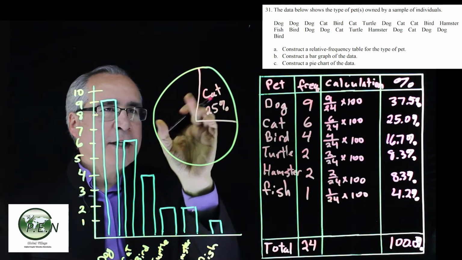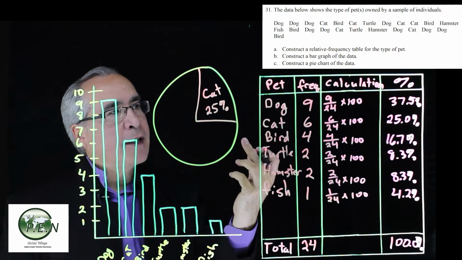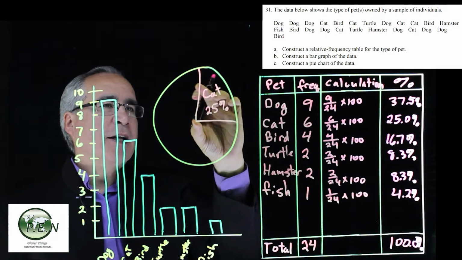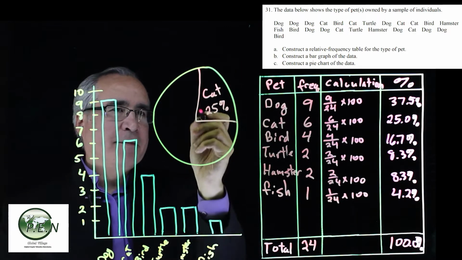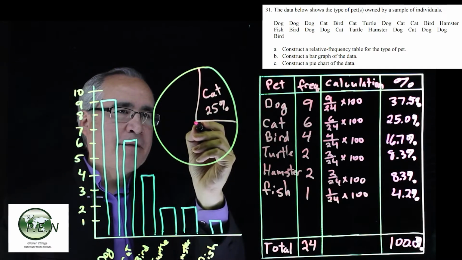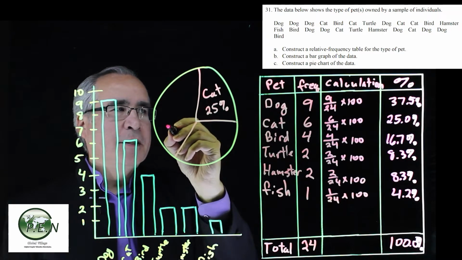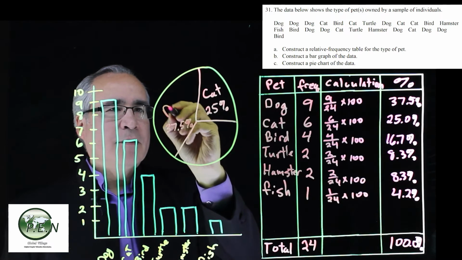So if I came to this side, I'd have 1/4. Let's see, how much more is it? That's 12.5 more. So it's kind of like 1/4 and a half. So go 1/4 and a half, something like this, and I'm going to call that 37.5%, and those are the dogs.